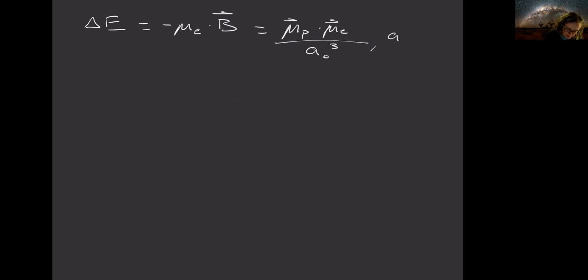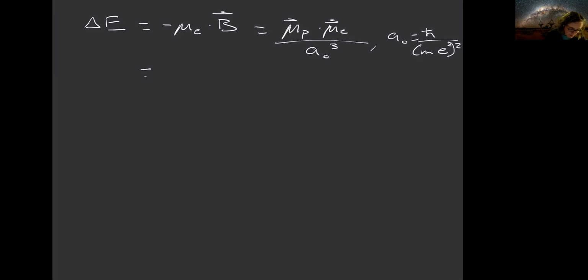And this results in a change of energy level, which is once again just related to how the electron spin magnetic moment interacts with this magnetic field, or in that case, how we can say that the proton magnetic moment dotted with the electron magnetic moment over a naught cubed, where a naught is the Bohr radius, and it's just h bar squared over m e squared.